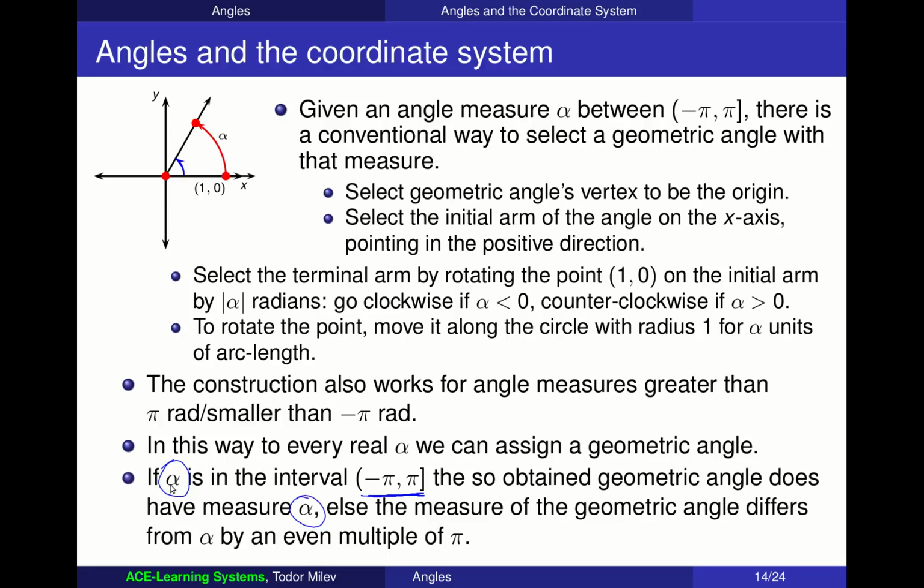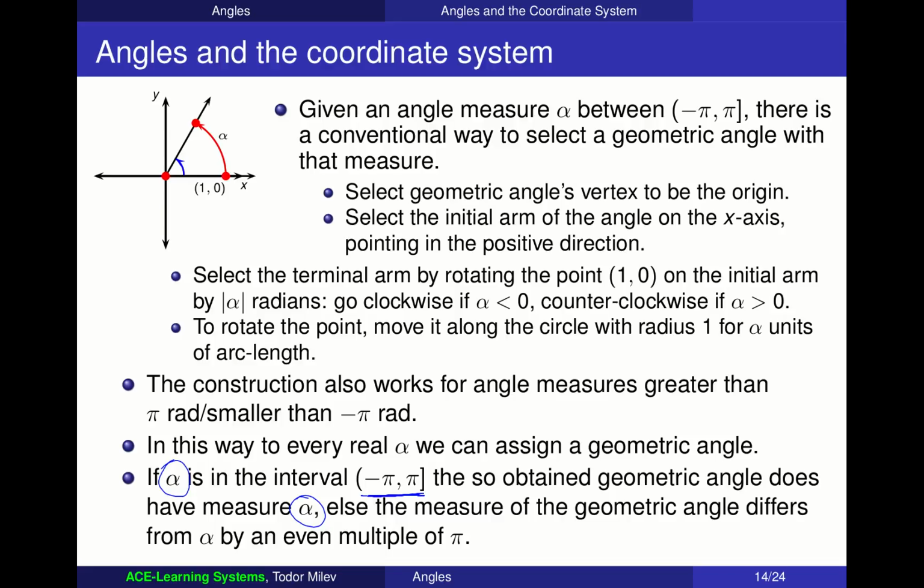But if the measure alpha was not in that nice interval, the measure of the geometric angle obtained by this construction will be different from the original number alpha.